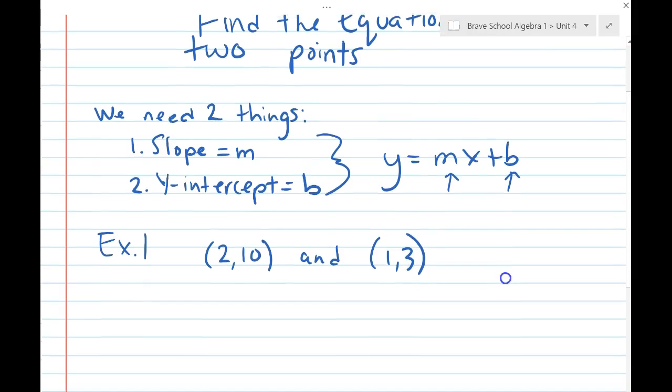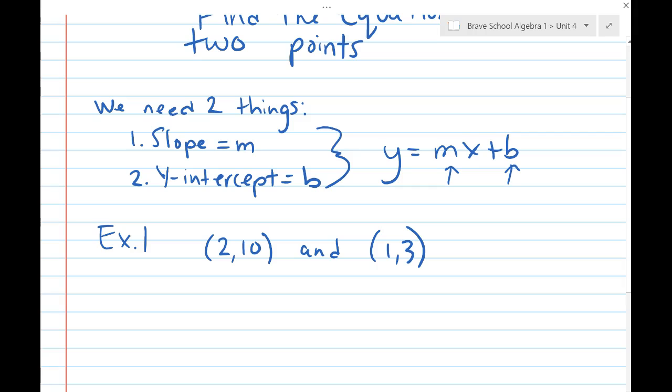The first thing we need to find is the slope. So we take our points and we line them up, one on top of the other, just like before. And remember, we need to find the change in y over the change in x. The first one on the right is going to be the change in y.